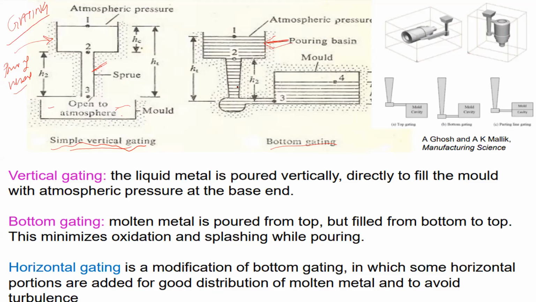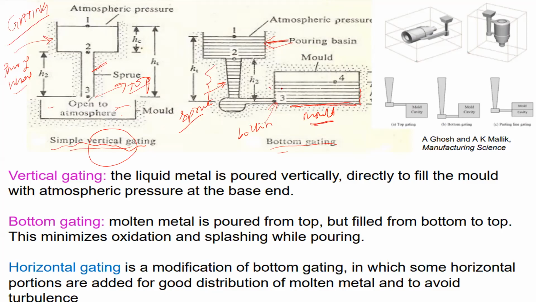This is a sprue, and this sprue is connected to the bottom of the mold. In the vertical gating system, we have seen that the sprue is connected to the top of the mold. But here in the bottom gating, it is connected to the bottom of the mold. So this is the basic difference.